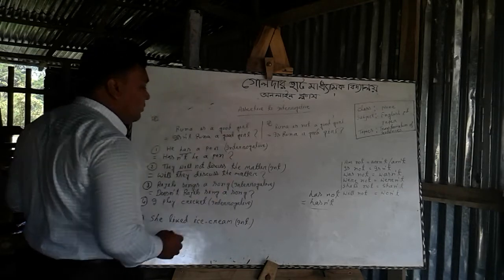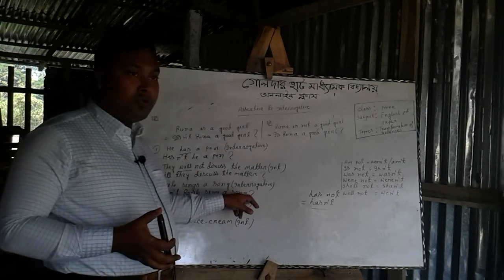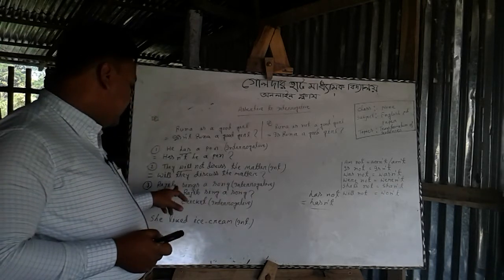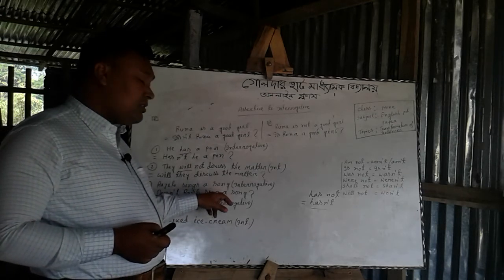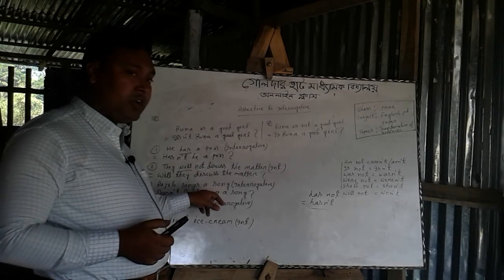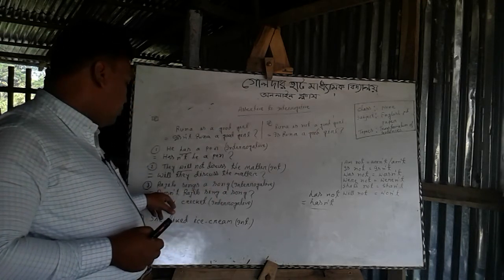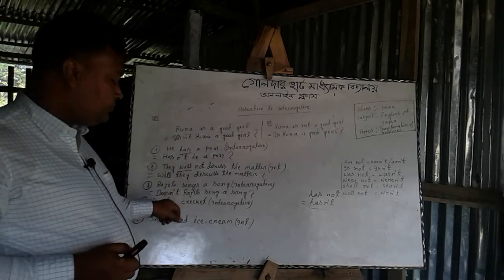And at the end of the sentence we will have to put a question mark. So here, see, the s is removed from the main verb sing because we write the auxiliary verb doesn't.